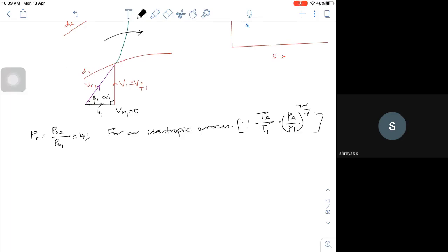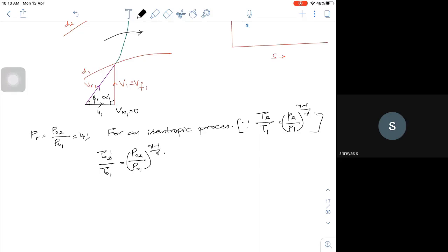Now, T02 dash by T01 is equal to P02 by P01 whole to the power of gamma minus 1 by gamma.